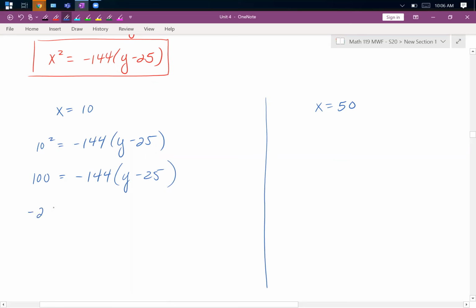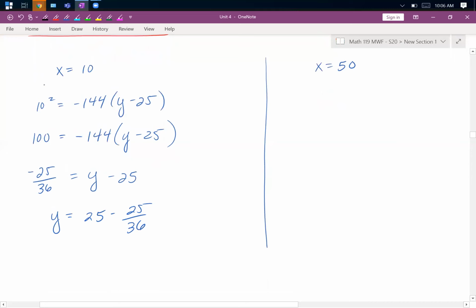Negative 25 over 36. So it follows then that y equals 25 minus 25 over 36. And then let's just plug that into our calculator. Anybody get an answer? And we're rounding to the nearest hundredth.